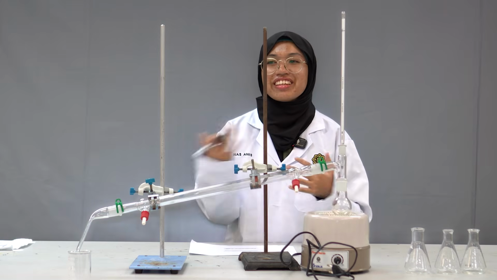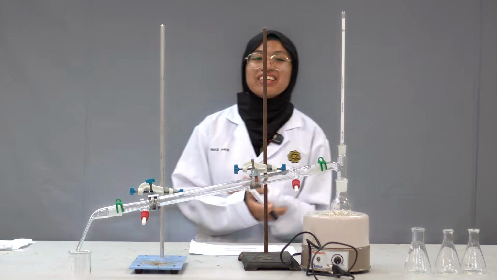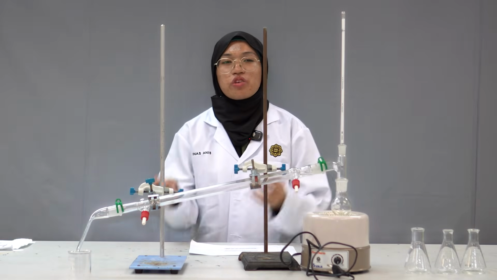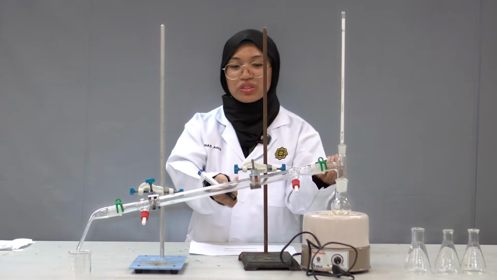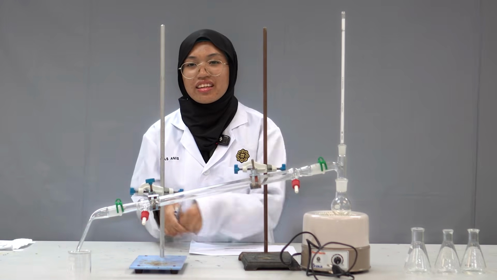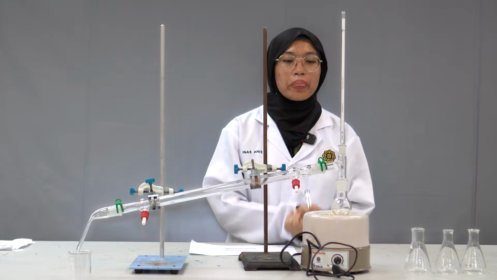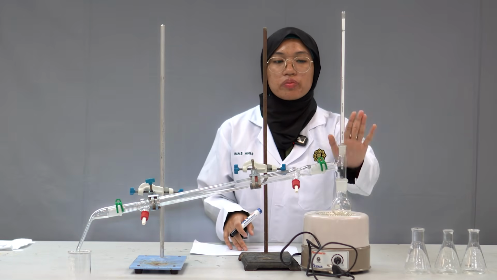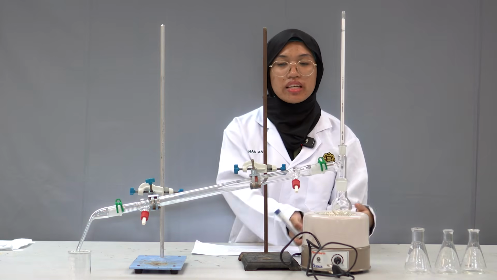If we go above 40 degrees Celsius, there's also our base in here, and if our base also vaporizes and goes through the condenser, then there will be no point in doing this experiment. So we have our thermometer, and we will keep track of our temperature while it is heating.